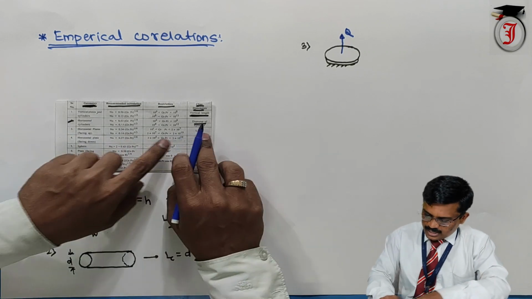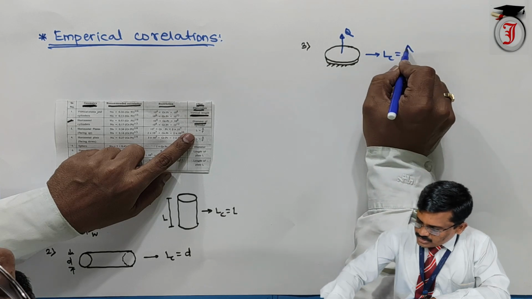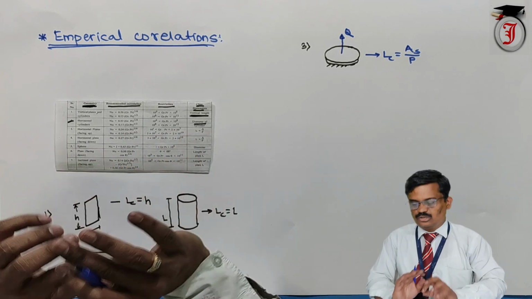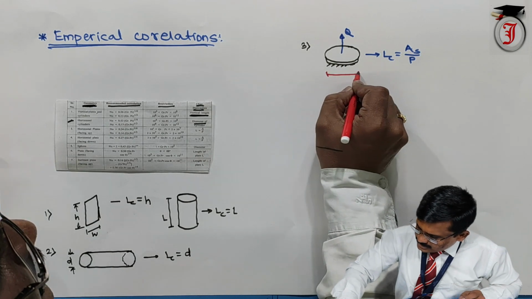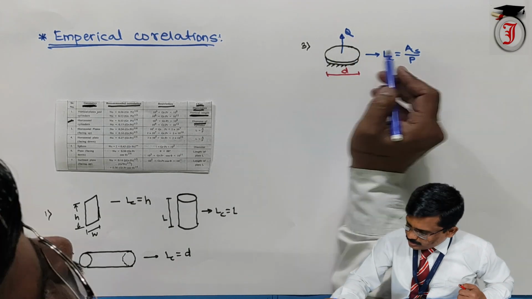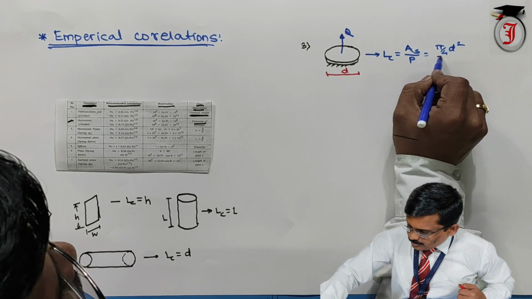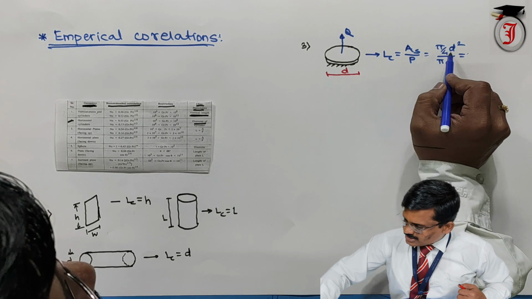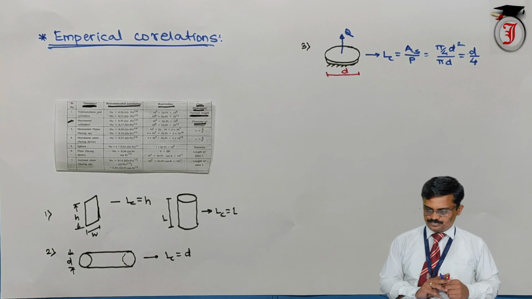For that, the characteristic length Lc is equal to surface area upon perimeter. Let the diameter of the plate be D. The surface area of a circular plate is pi by 4 D square, and the perimeter is pi D. So pi gets cancelled, one diameter gets cancelled, and the characteristic length remains D by 4.